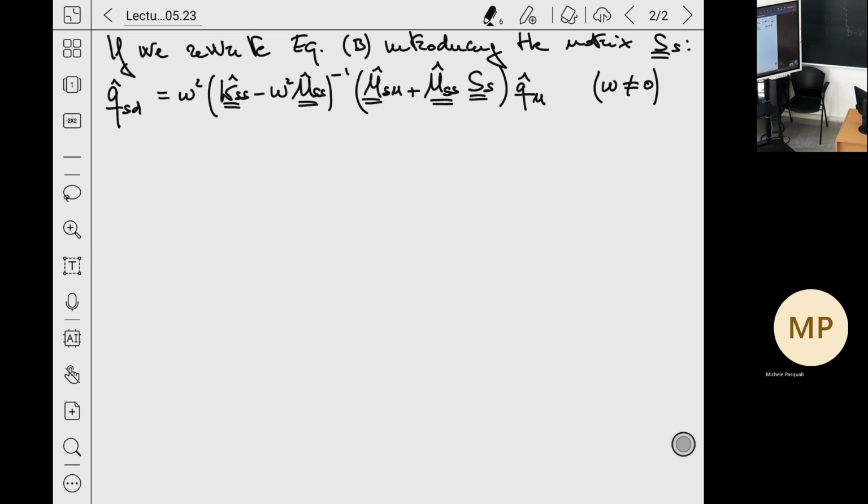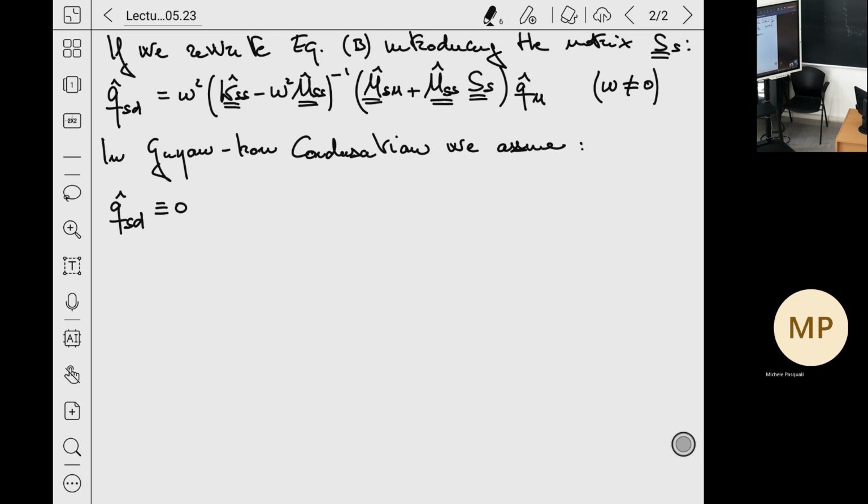So in condensation, we assume that Qsd is identically equal to 0, meaning from the equation before that Kss minus omega squared Mss is very large, because in the previous equation it appears as an inverse multiplication.